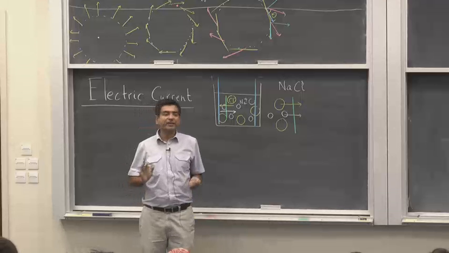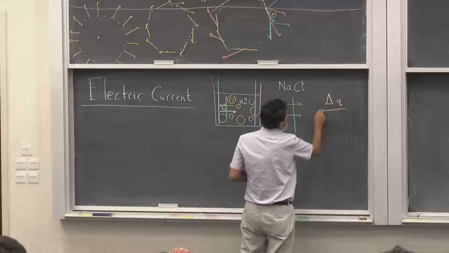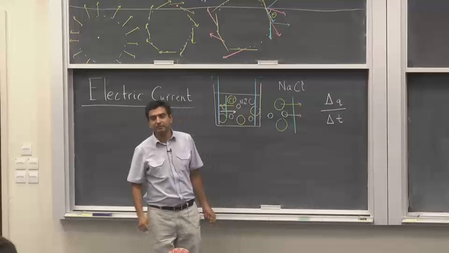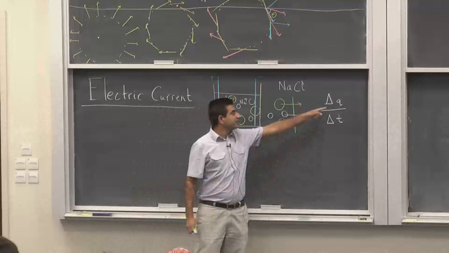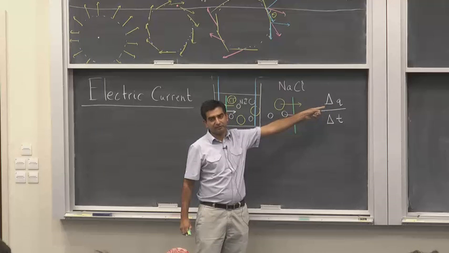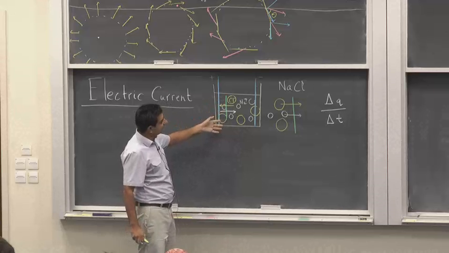So current really is the amount of charge that passes through some surface per unit time. Positive charges must be taken to be positive here and negative charges must be taken to be negative here. Alright. So this is an example of a current flowing.